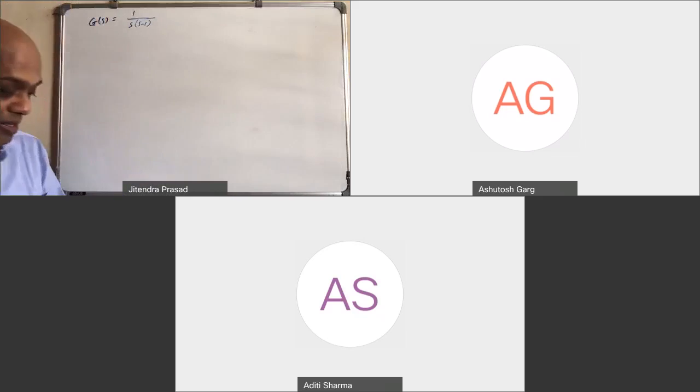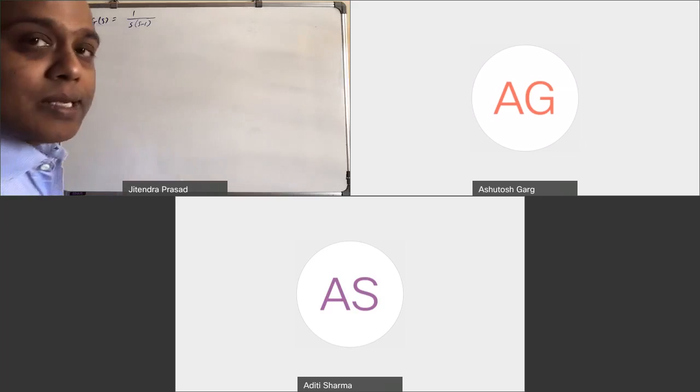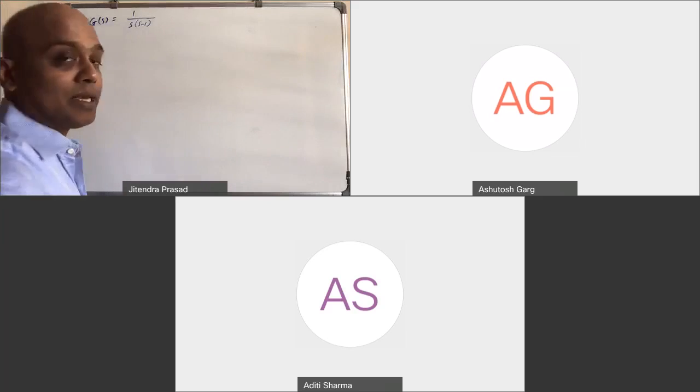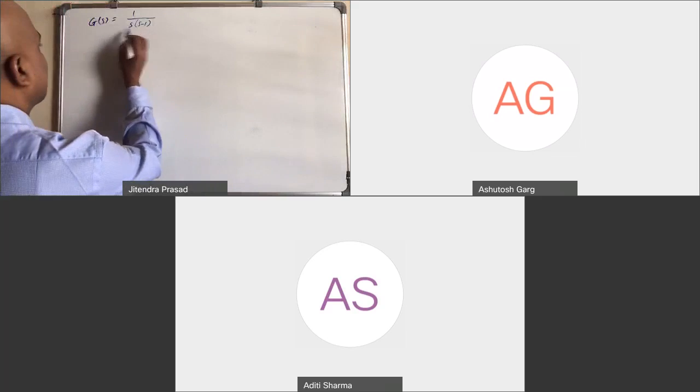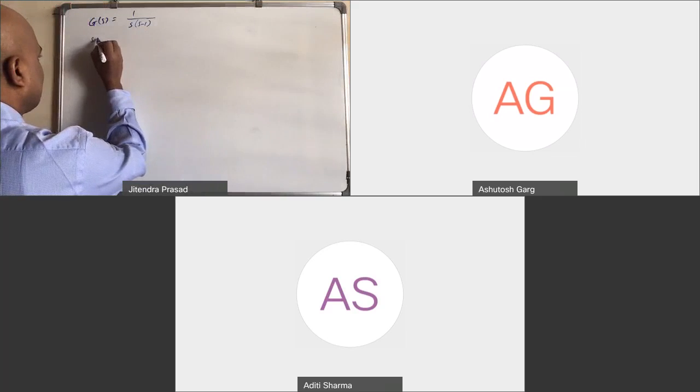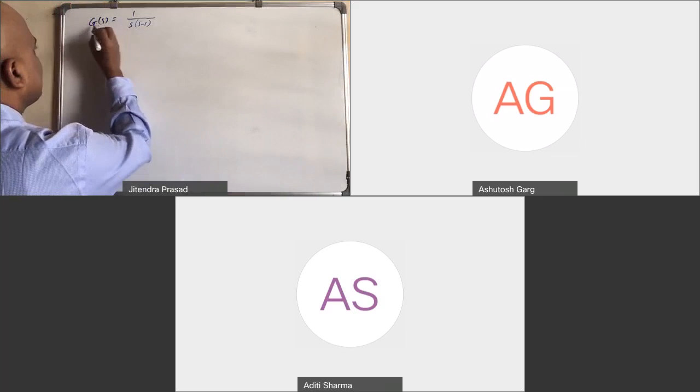Basically, first you have to plot it, and remember that when s is 0, this is not finite.